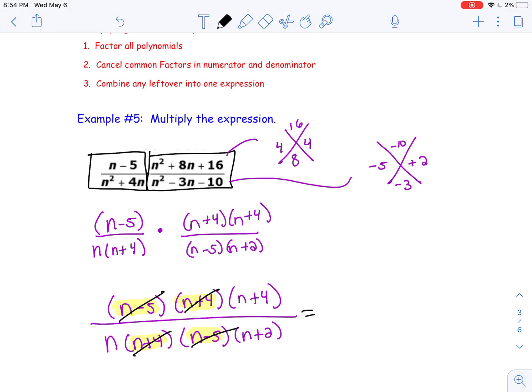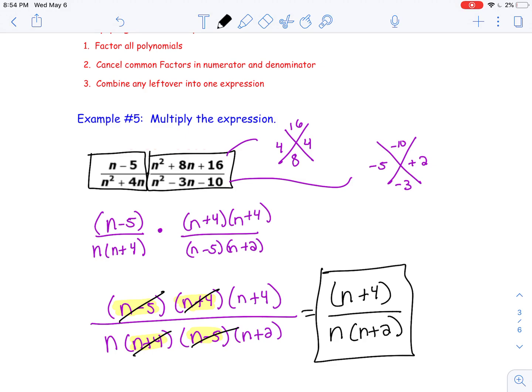I'm left with n plus 4 all over n(n plus 2). I can't cancel any n's because I have addition there. I can only cancel things that are together, like that. Those parentheses go around the n plus 4. So I could cancel an n plus 4, an n plus 2, or an n, but I couldn't start canceling the n's. So that's my final answer.